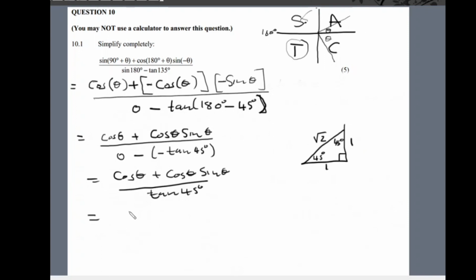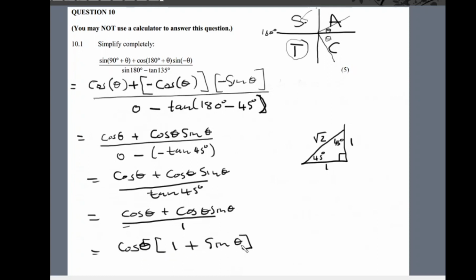So it means in the denominator we will be dividing by 1, right? So then our answer will be, factorizing cos theta, cos theta times 1 plus sin theta, right?